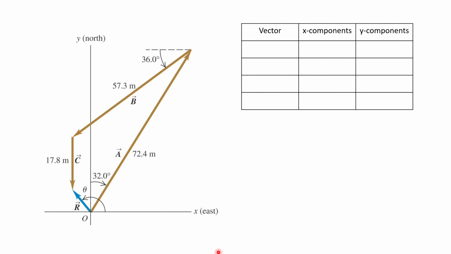The first step that I suggest to students is to make a table wherein you can summarize all your calculations. Like this table here, you have a column for your vectors, your x components, and then your y components. So let us start solving.